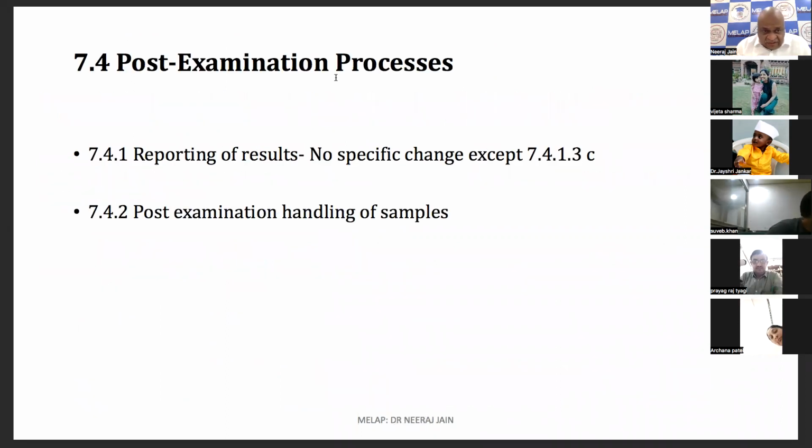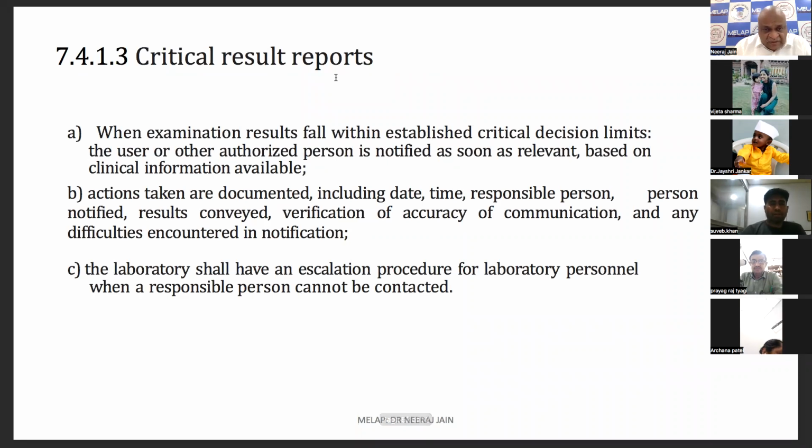Post-examination, it is same. In 7.4.1, they have combined previous clauses 5.8 and 5.9 and part of 5.7.1. I think they have combined 5.7, 5.8 and 5.9. In this critical result, otherwise it is same.